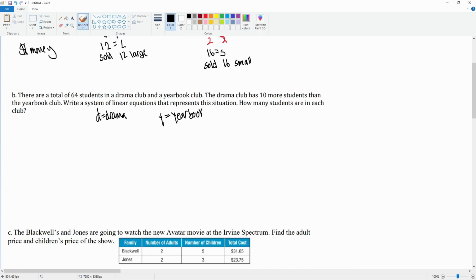So 64 is equal to the drama students plus the yearbook students. Then they say the drama club, D, is equal to 10 more than the yearbook club, Y. You're going to write a system that represents this situation and find how many students in each club.